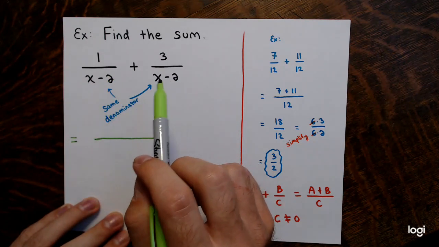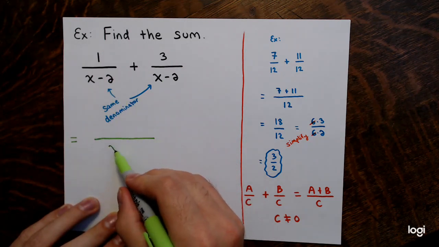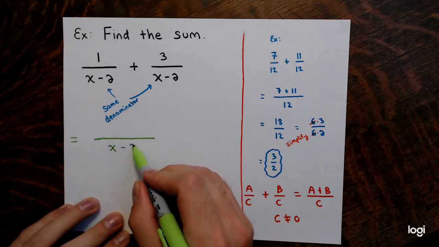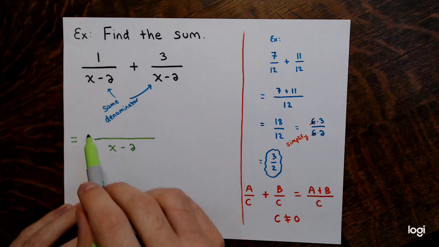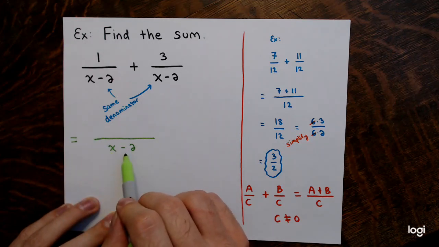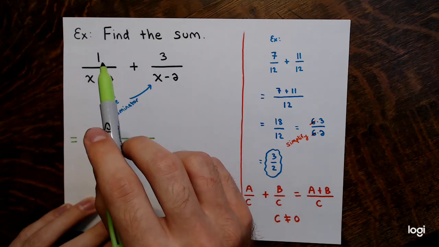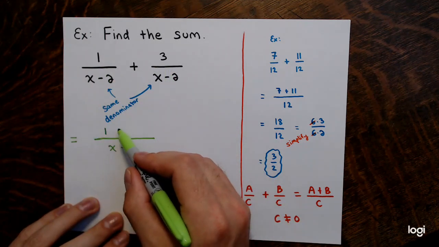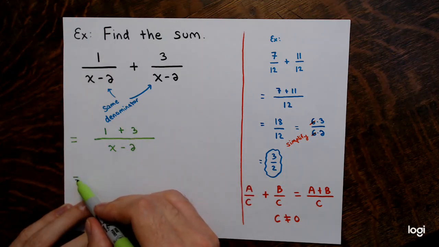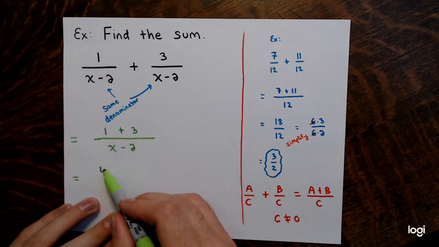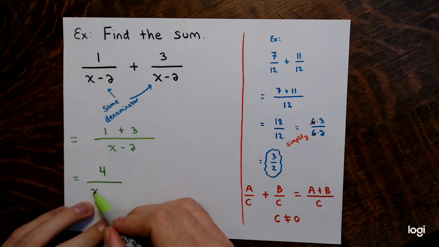When you're adding, that common denominator sticks around as the denominator of the sum. So this will be equal to a fraction with a denominator of x minus 2, and all we're doing really is combining the numerators, the 1 plus 3. And then we simplify, 1 plus 3 is 4, so the numerator is 4, and the denominator is x minus 2.